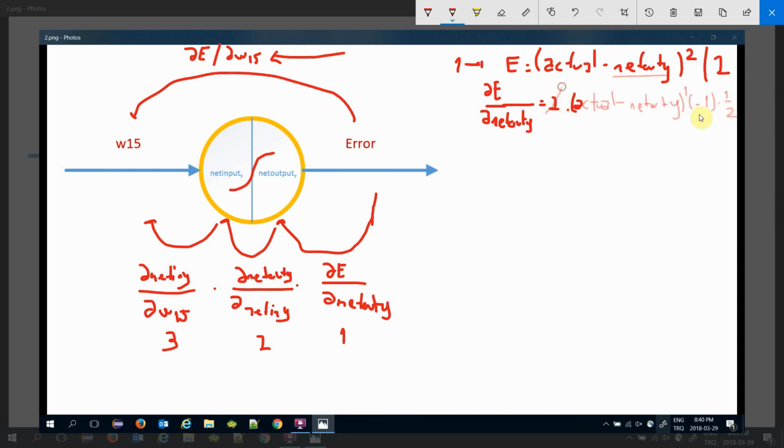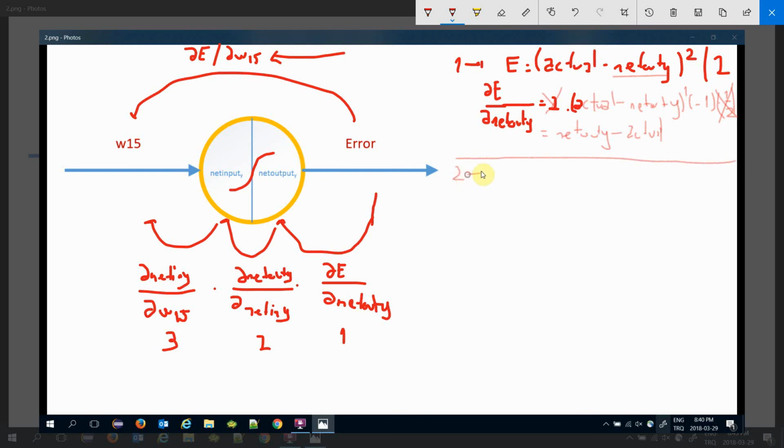Calculating 2 and 1 over 2 would be 1, and here net output y minus actual is the result of the first equation.